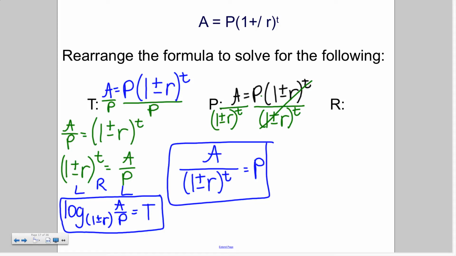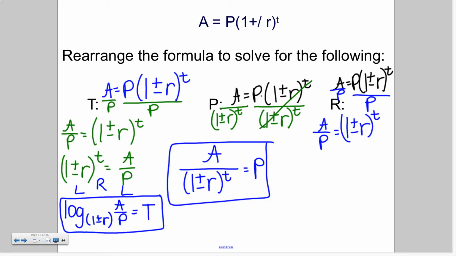All right, r. So we have A is equal to P times (1 plus or minus r) to the t. All right, first step, get rid of that P. Divide by P. So we have A divided by P is equal to (1 plus or minus r) to the t.